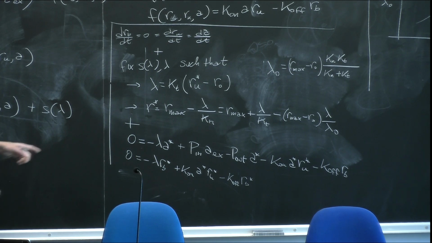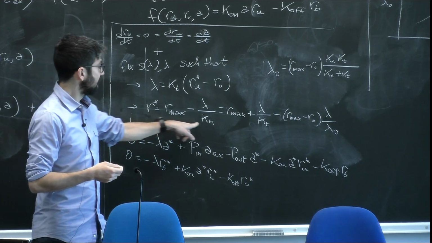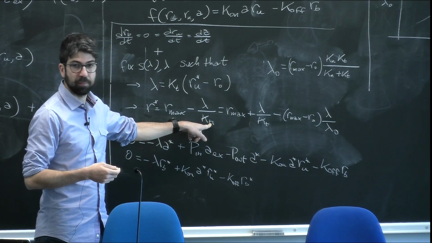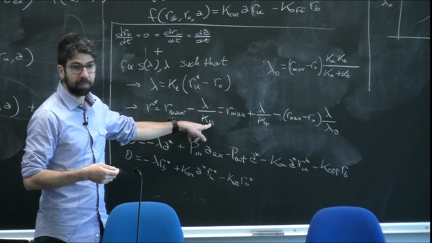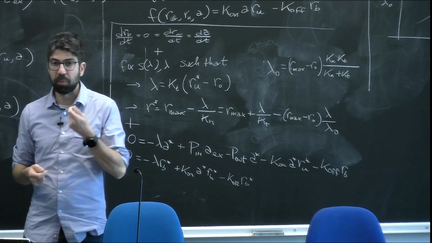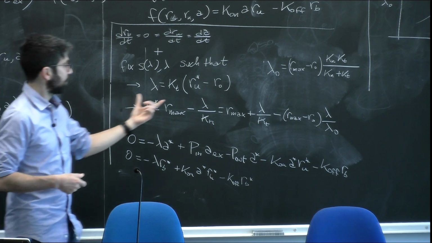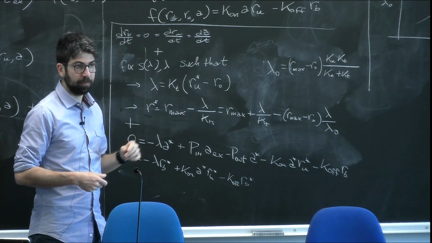So the total ribosome concentration decreases linearly this way. And then we know that the growth rate is proportional to how many ribosomes are translating times their translation speed. And this is the first one.